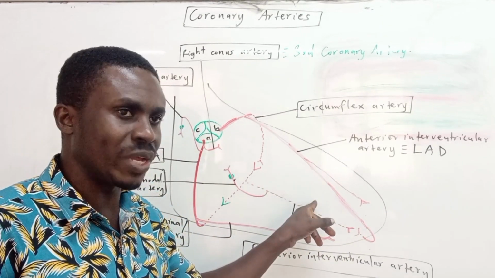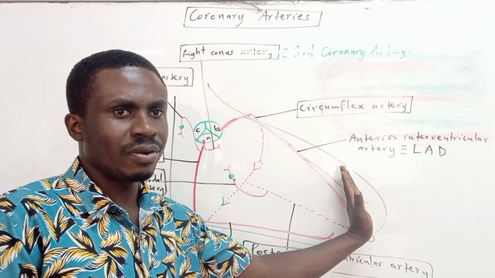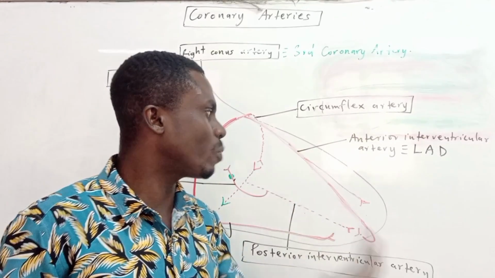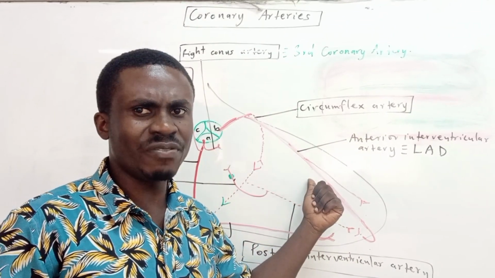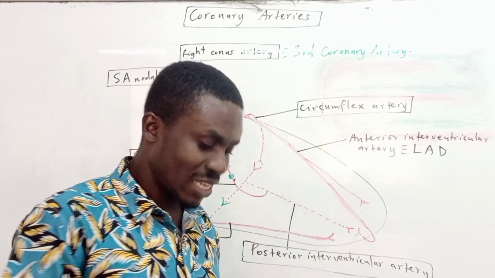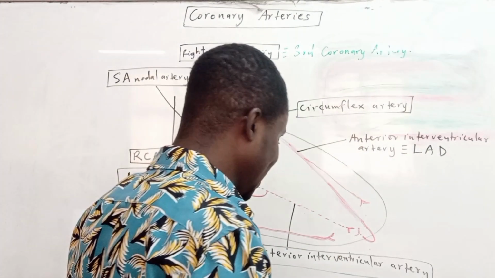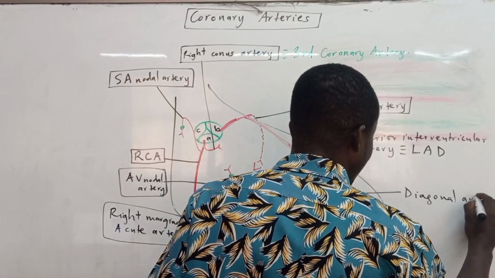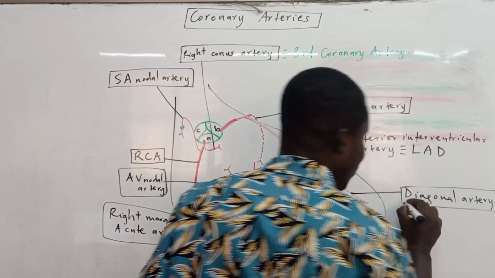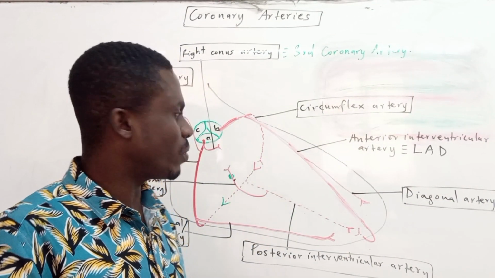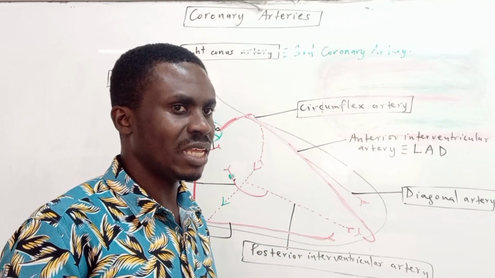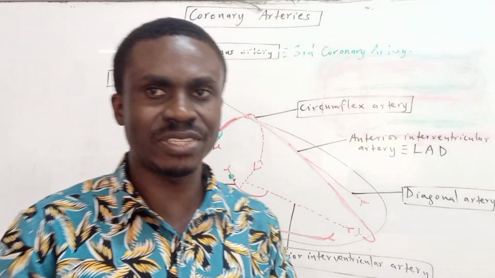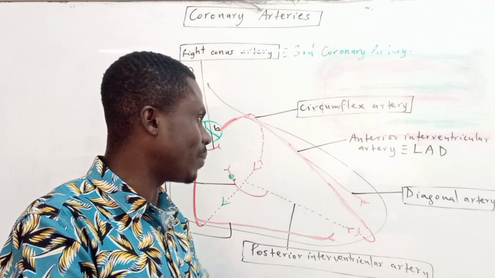It didn't come this way, it came to the left side of this anterior interventricular artery, which means that this artery solely supplies the left ventricle. The right ventricle doesn't come in here. This branch is something we call the diagonal artery. You may have more than one diagonal artery coming out of the left side of this anterior interventricular artery, also called the left anterior descending artery.